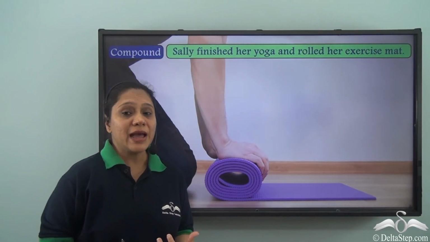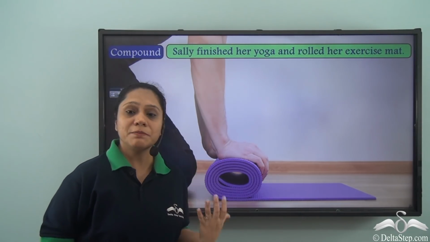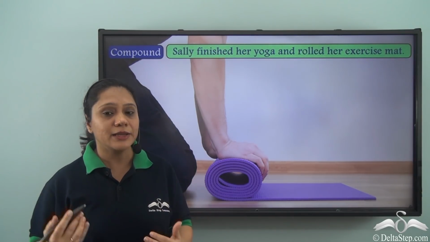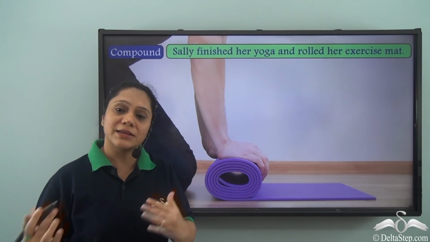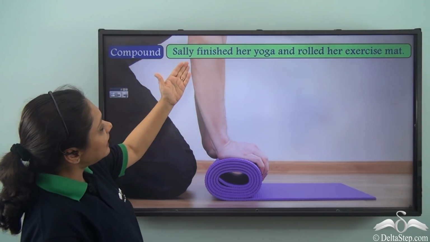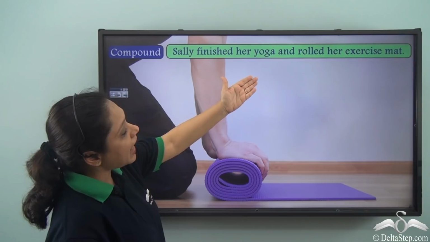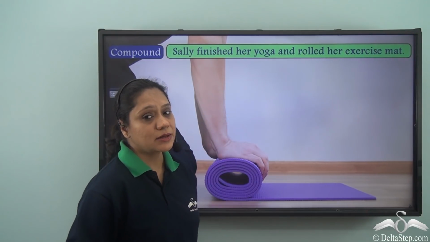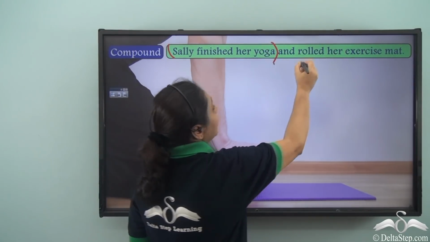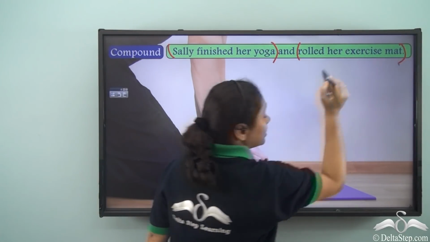Now, we have seen how to transform simple sentences to compound sentences. Let us now try to transform compound sentences to simple sentences. Let us see. Sally finished her yoga and rolled her exercise mat. So we have two clauses. Sally finished her yoga. She rolled her exercise mat.